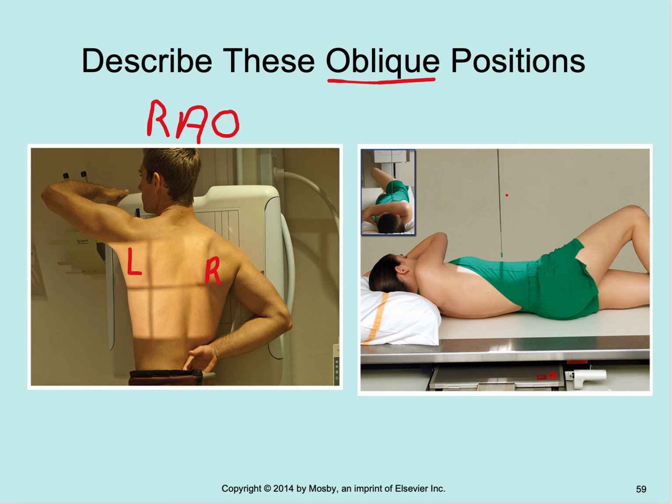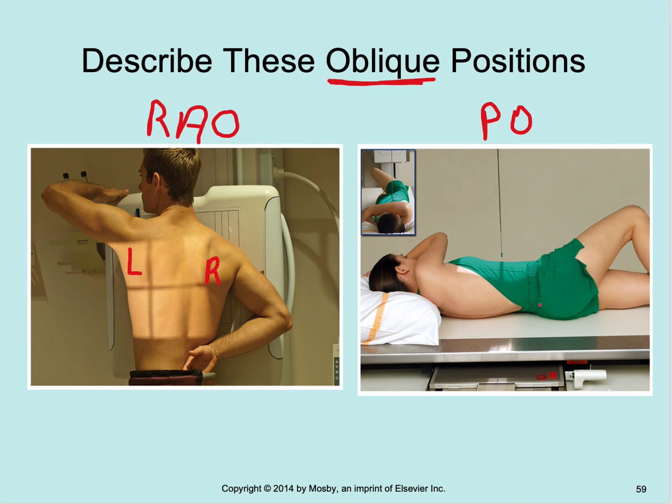On this next one, what we're looking at is which part of the patient is closest to the image receptor, and that is the posterior side. It is an oblique position again, right? So we can add the O. Now we know that it is a PO, so a posterior side that is oblique.